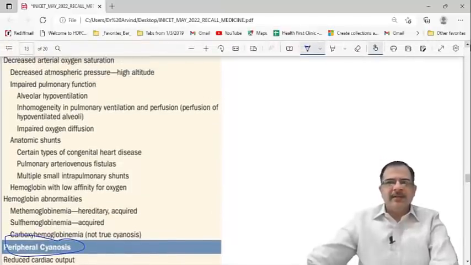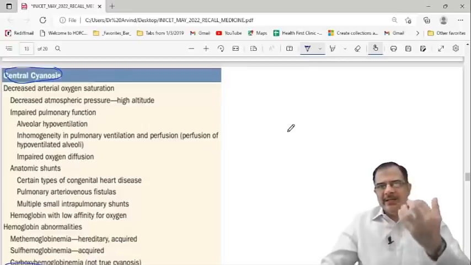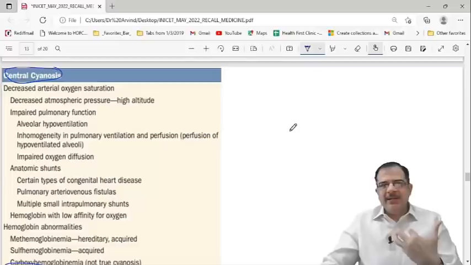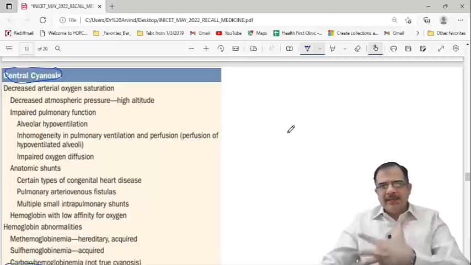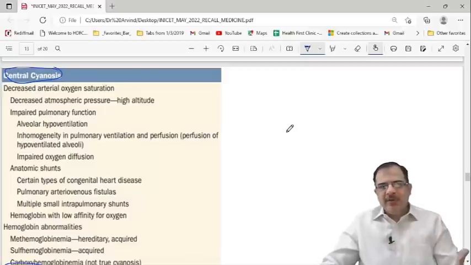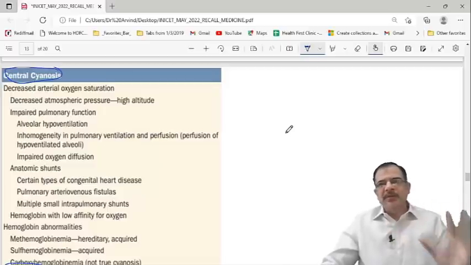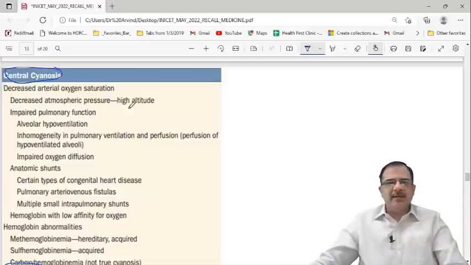Central cyanosis means either a decrease in the oxygen in the environment, that means high altitude, or some respiratory dysfunction, or right to left shunts, or hemoglobin abnormality. So these are the causes of central cyanosis.